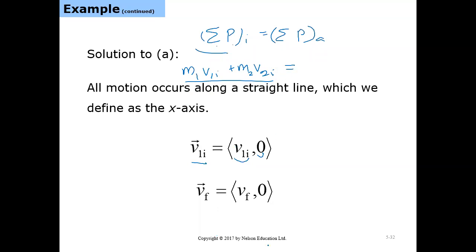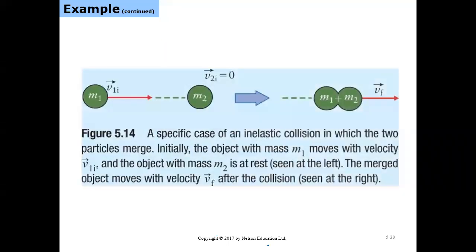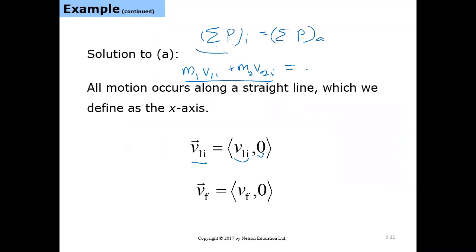Equals after. What is the total momentum after? This is the picture. M1 and M2 become one mass and it has one velocity. So the momentum after will be the total mass multiplied by its velocity, which we don't know yet.